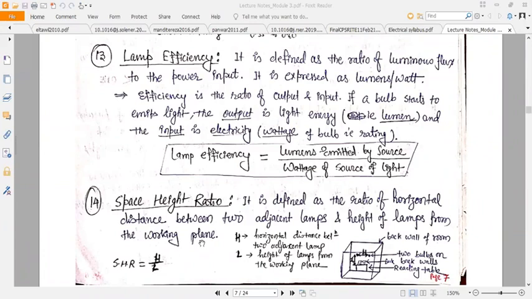That vertical height. Okay, you can consider that height as the height of the lamp from the working plane. So it is the ratio of the horizontal distance between the 2 tube lights and the vertical distance between the bench and the tube light. In this way you can calculate this space height ratio.